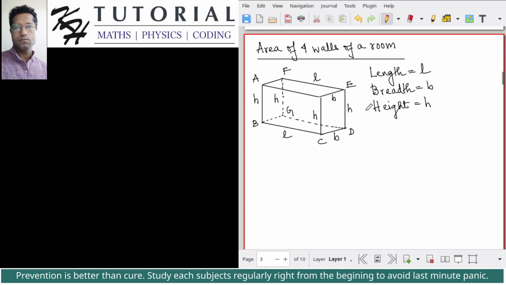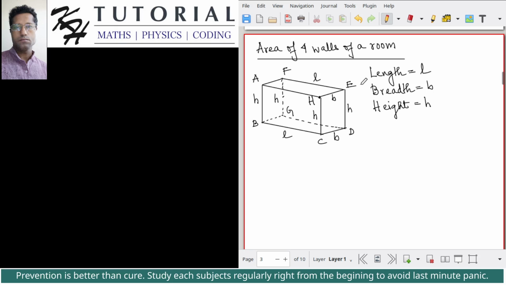I've already labeled the dimensions in this figure. So AB, HC, ED, and FG are the heights of the room, the length is BC or GD or AH and FE, and the breadth is CD or BG or AF or HE.